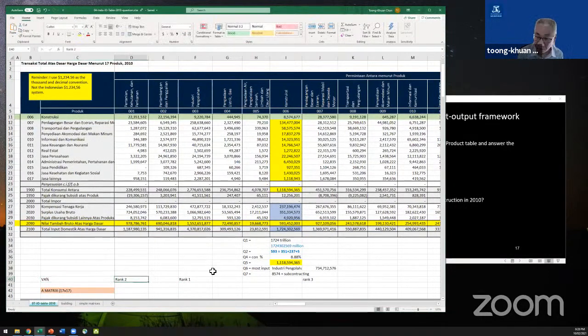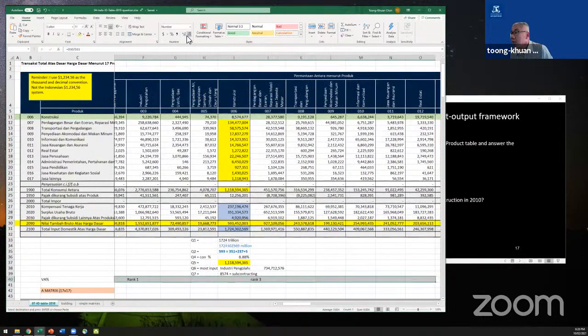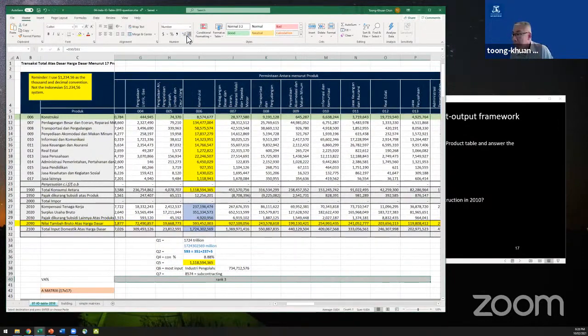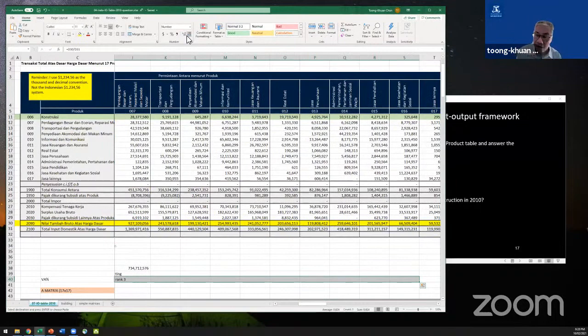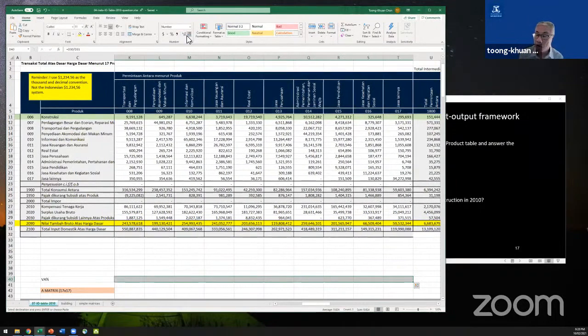So we can do this: equal to nilai tambah bruto divided by total input. Agriculture is that value, and then I go up to 17. So agriculture is 0.824.